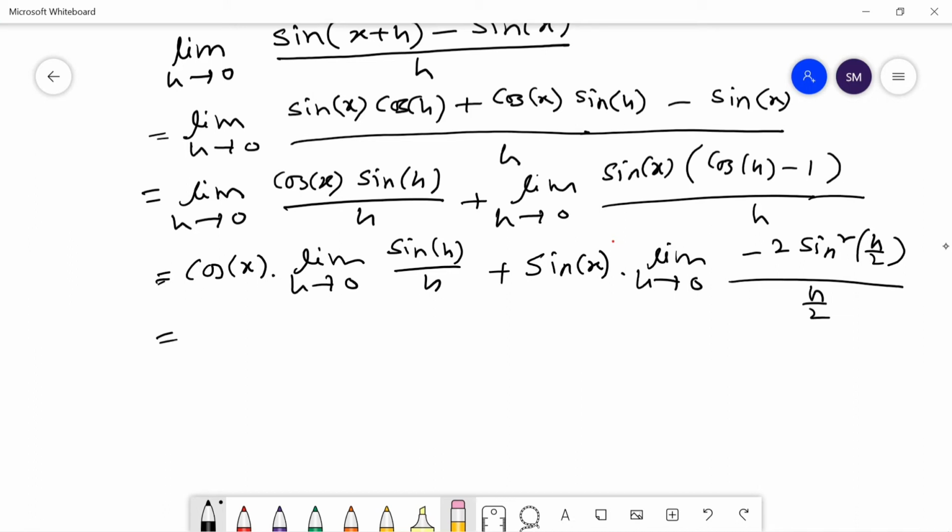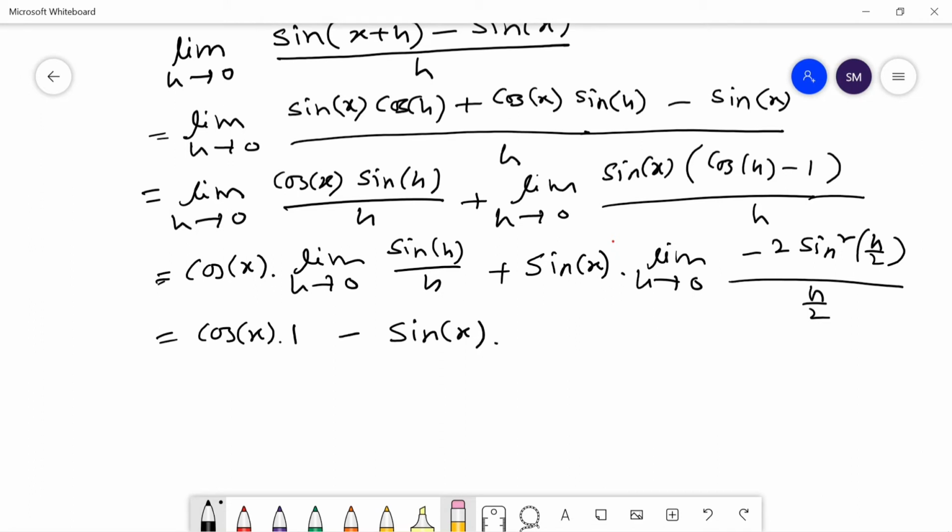So this is equal to cosine x multiplied by 1 plus sin x. It's not plus, we will take out the minus, so this will be minus.